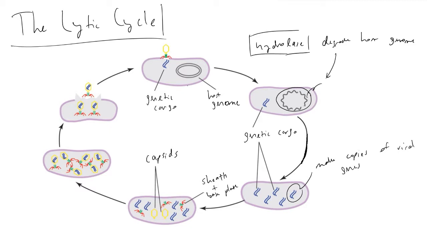And once the virus has made copies of its own genetic material for its progeny, the next step is going to be the production of the outside features of the virus, the sheath and the base plate. These are going to be the things that actually attach onto future host cells to keep producing more viruses.